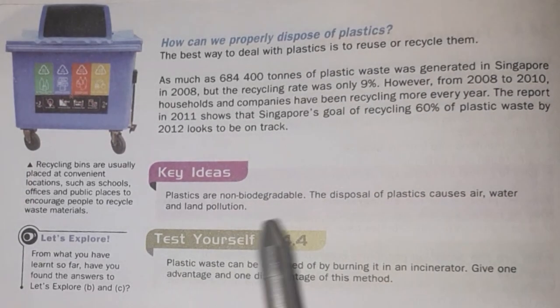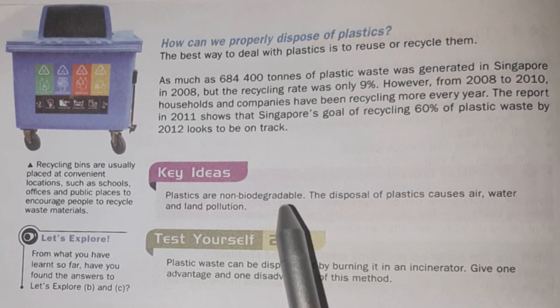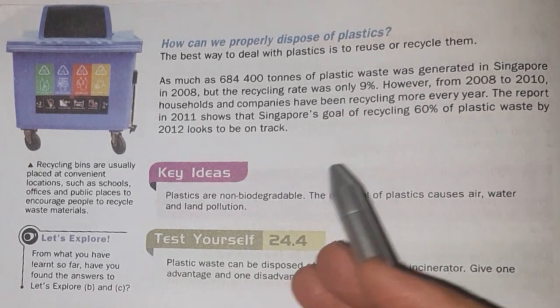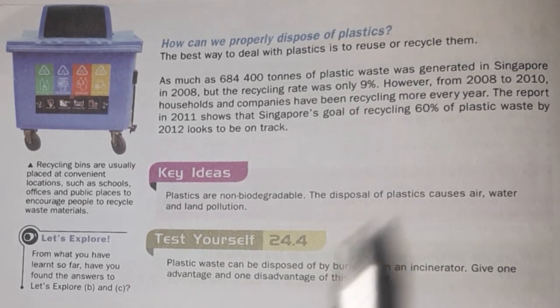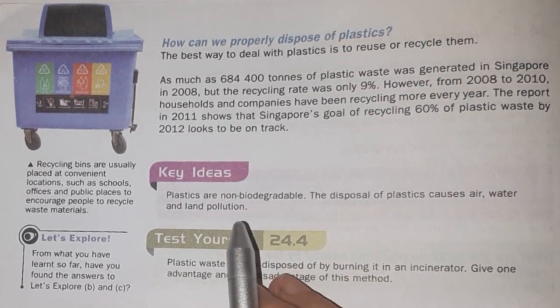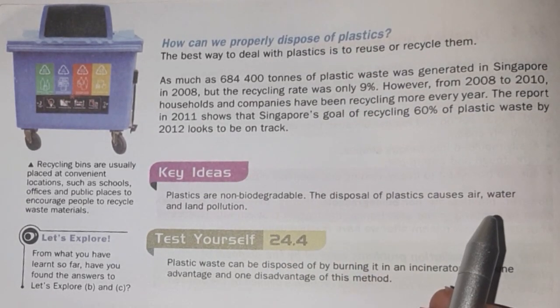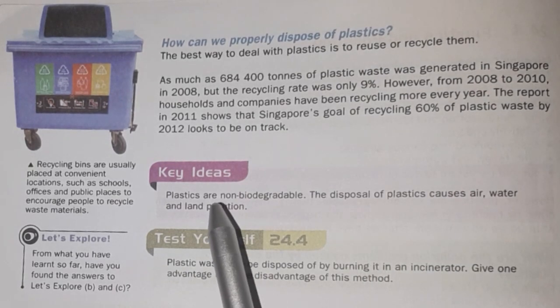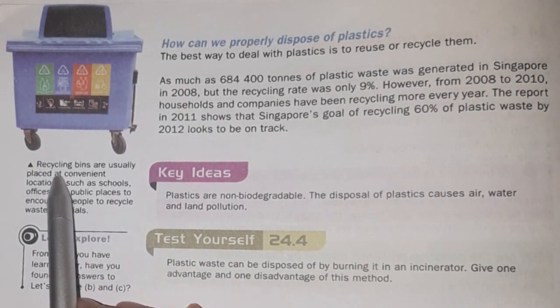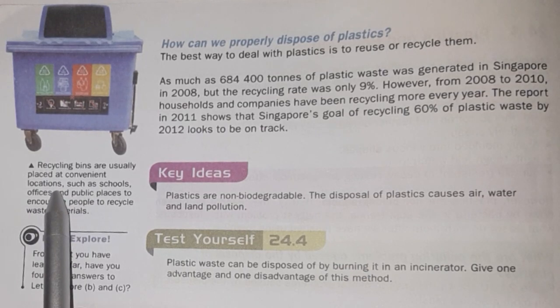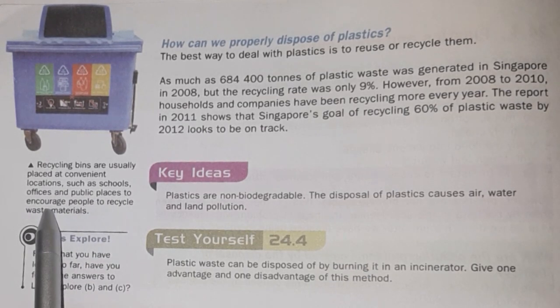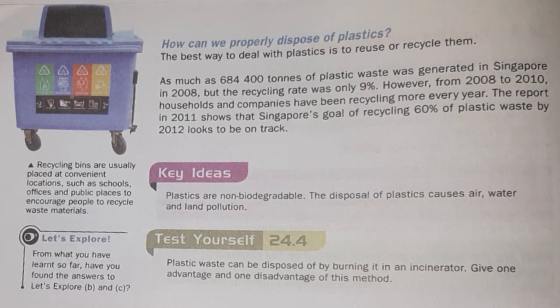You can see the shopping bags are converted into different types of shopping bags which are biodegradable, or instead of using plastic bags, we can use paper bags. And there are recycling bins at convenient locations such as schools, offices, public places, to encourage people to recycle waste materials.